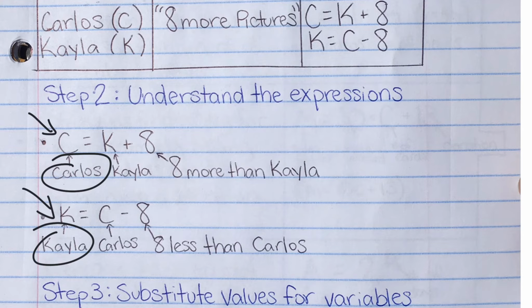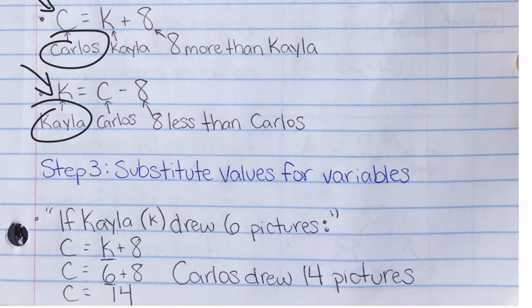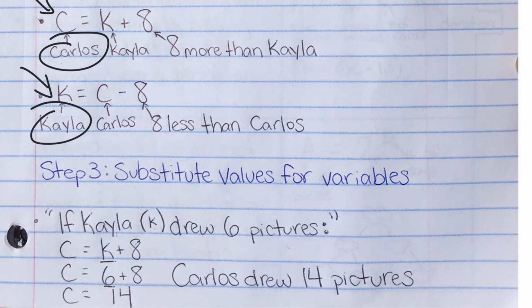Now, the third step is to just substitute values for the variable. Let's say in our statement from above, when it said Carlos drew 8 more pictures than Kayla, it went on to say, if Kayla drew 6 pictures, how many did Carlos draw? So here we're going to substitute values for the variables. If Kayla drew 6, then we just plug in 6.